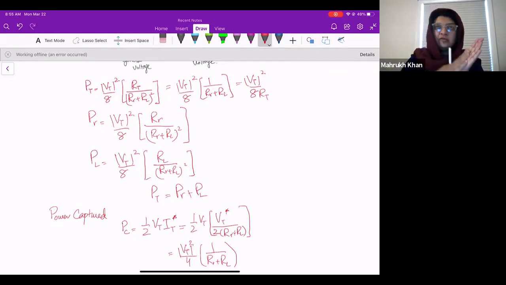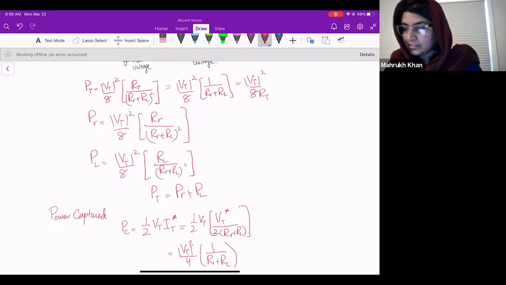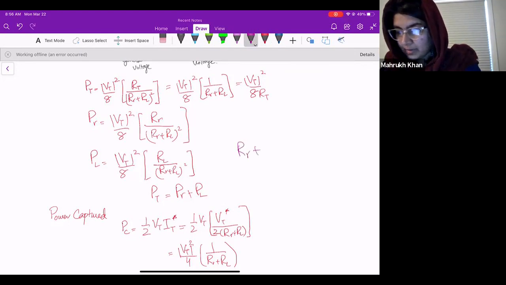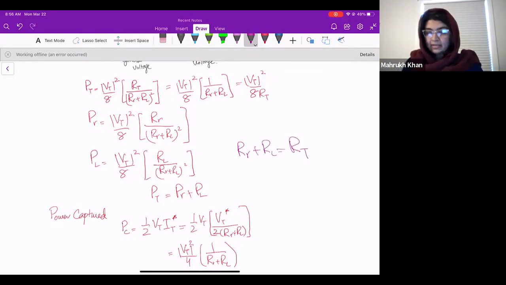That's the difference. It's just the order that is differing. All the other scenarios are the same, okay? The antenna impedance is still the combination of radiation resistance and loss resistance, and the load resistance is still equal to them. You still have RR plus RL equal to RT, but the order is differing.